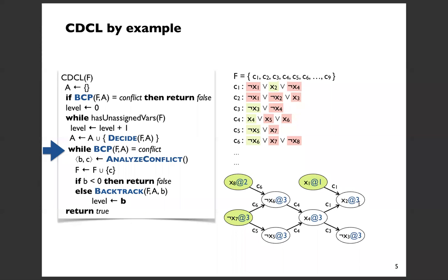And these two inferred decisions on X2 and X3, along with X1, when plugged into C2, reduce it to false, creating a conflict. Okay, so as you can see, this is what is called an implication graph. This is by example. I formally define what an implication graph is in a few slides from now.